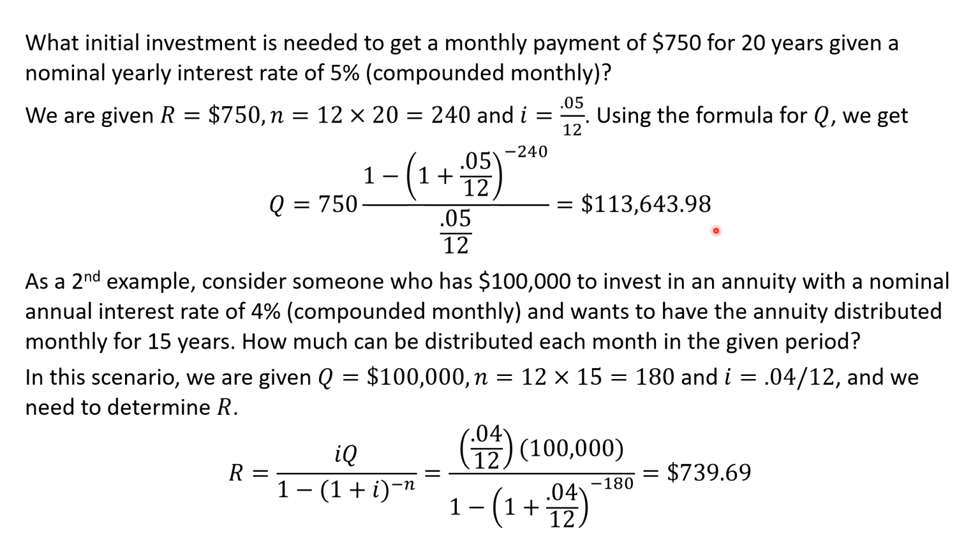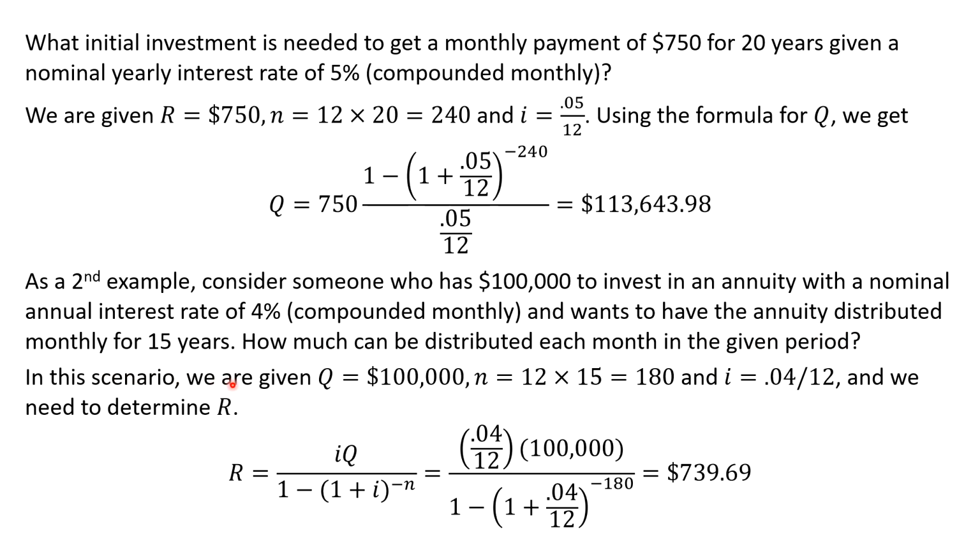As a second example, consider someone who has $100,000 to invest in an annuity with a nominal interest rate of 4% compounded monthly, and wants to have the annuity distributed monthly for 15 years. How much can be distributed each month in each period?